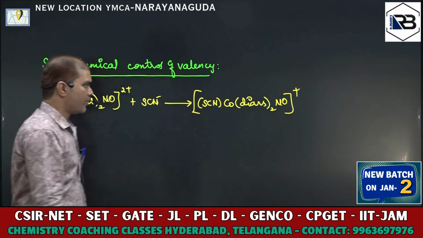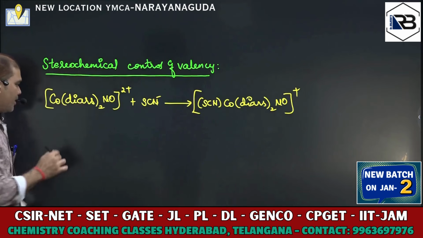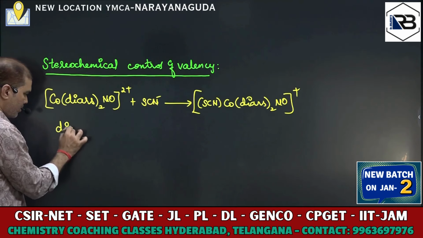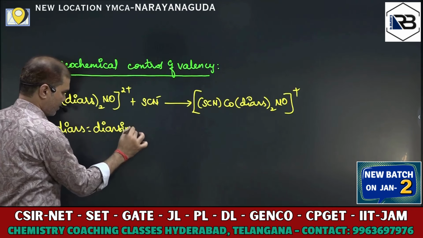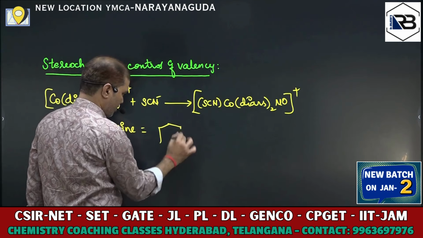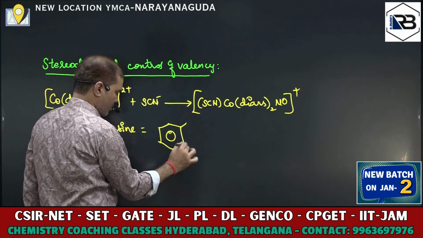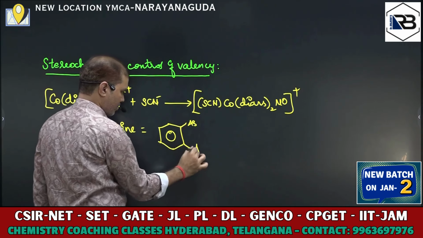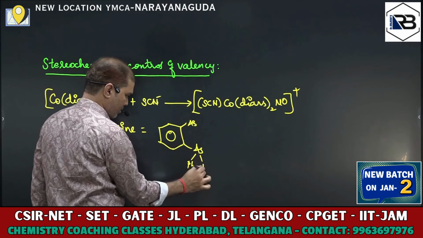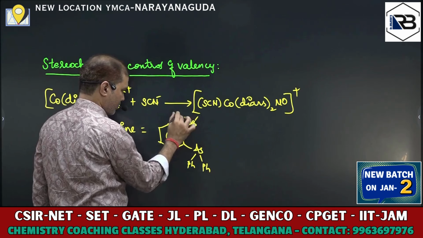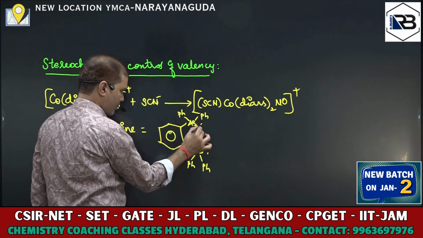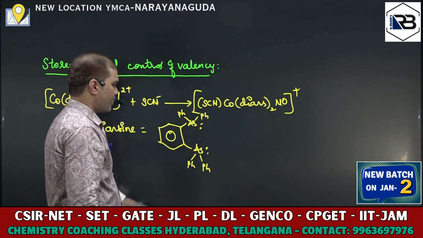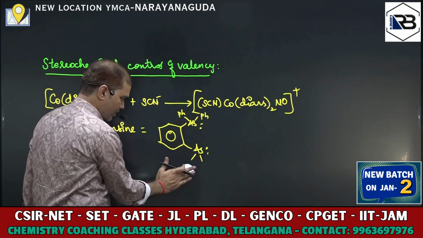Here I am taking Co(diars) taken twice. Diars is a ligand called diarsine. I can take phenyls here, or we can take simple methyls.